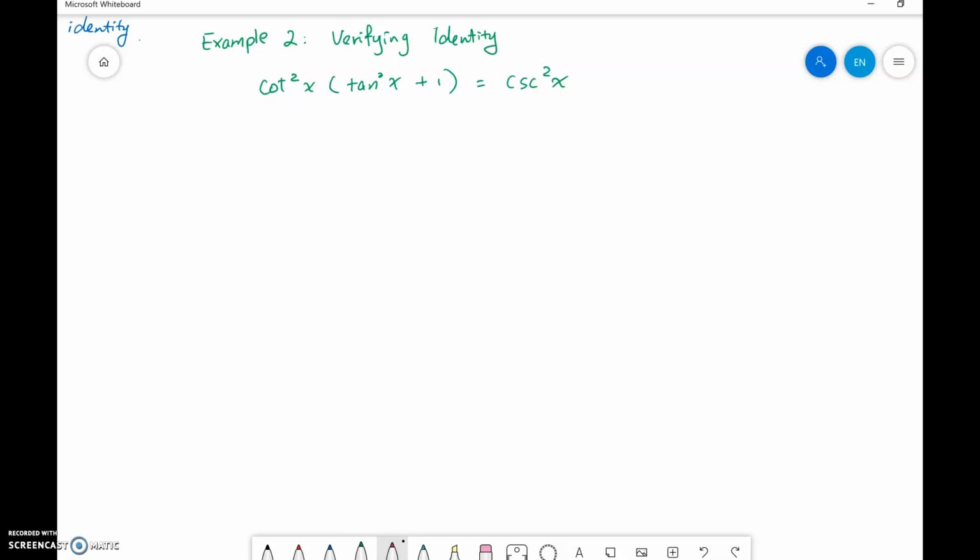We follow the same rule: we start from the complex side. In this case, the left-hand side is more complex than the right-hand side. It's longer. So we're going to start from the left-hand side.